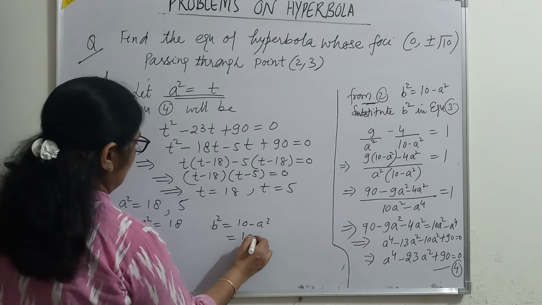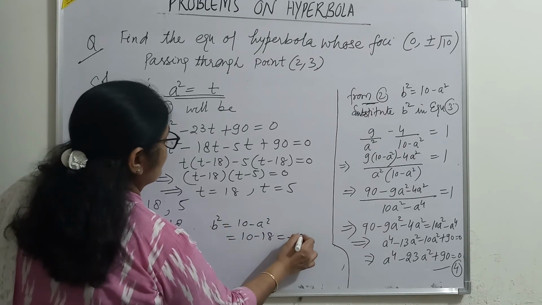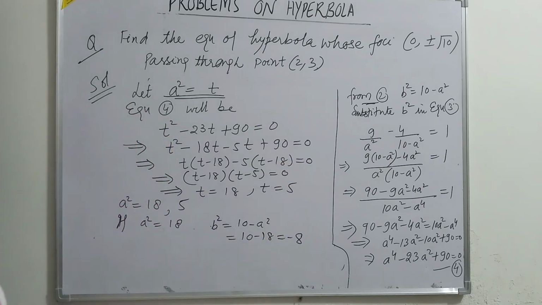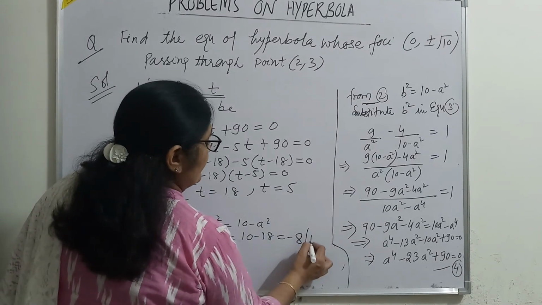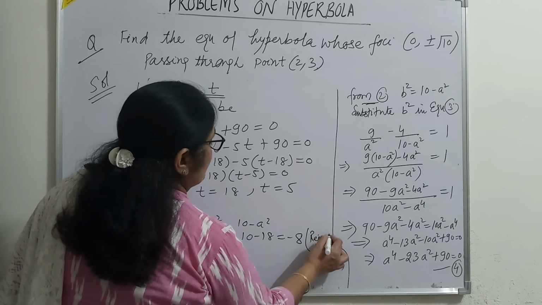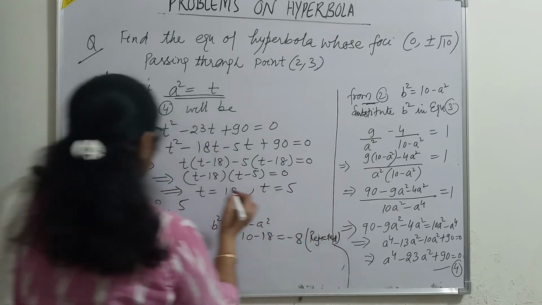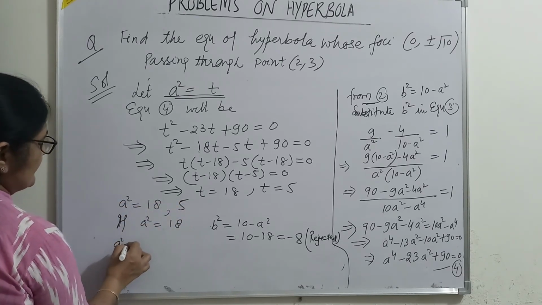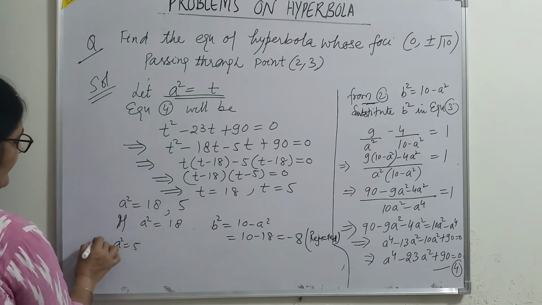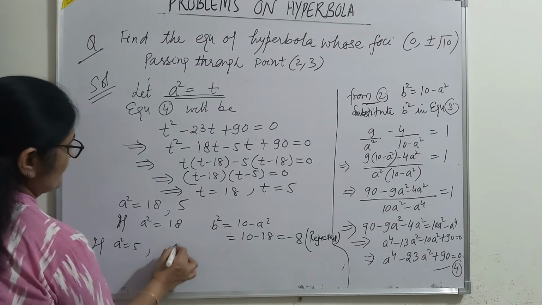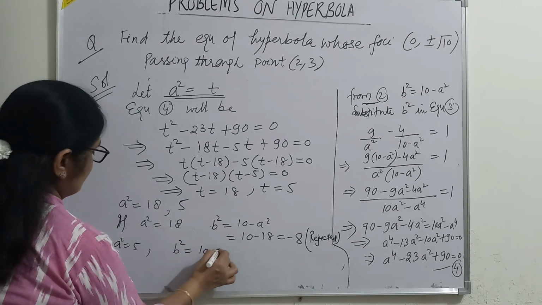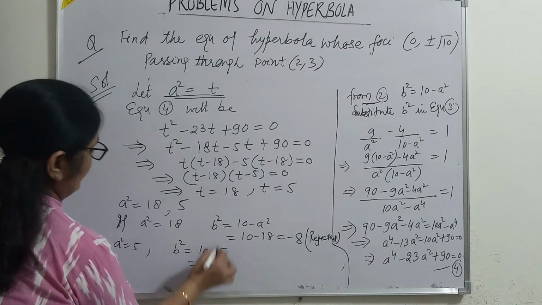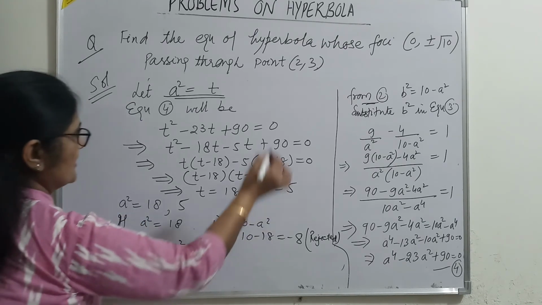So 10 − 18 is −8. But b² should be positive, greater than or equal to 0. So it is rejected. That means a² = 18 is not possible. So a² is 5. Now if a² is 5, then b² is 10 − 5, so b² is 5.